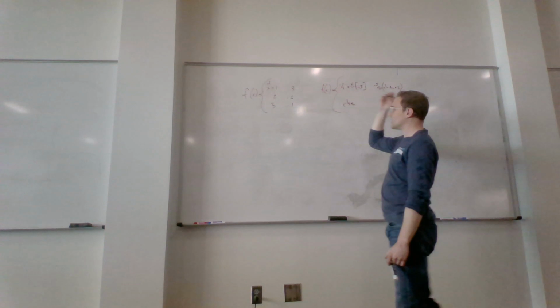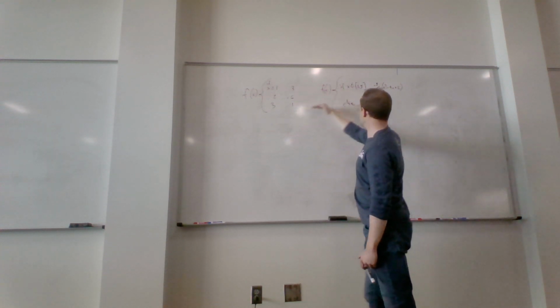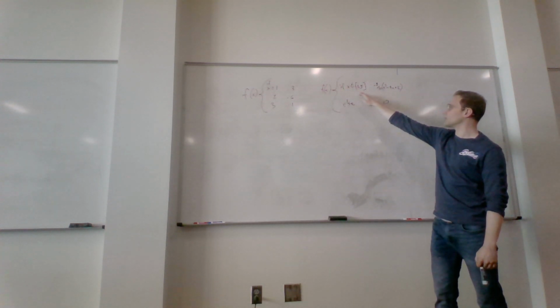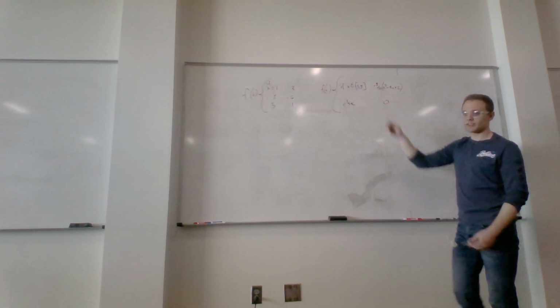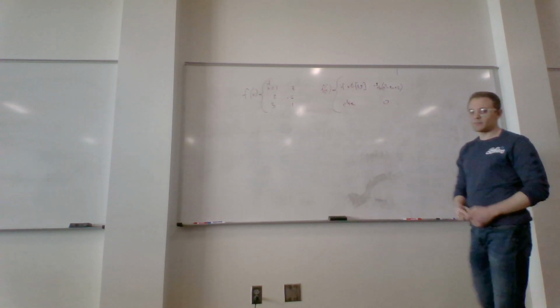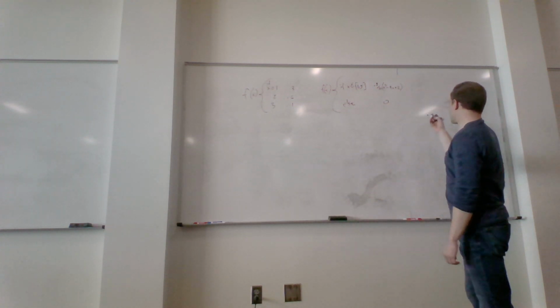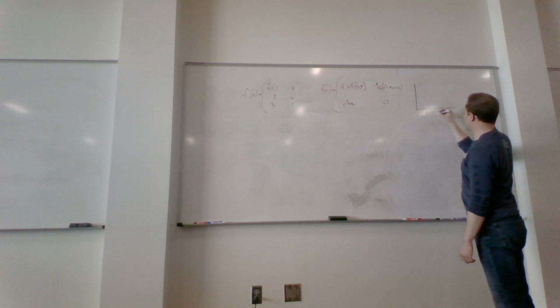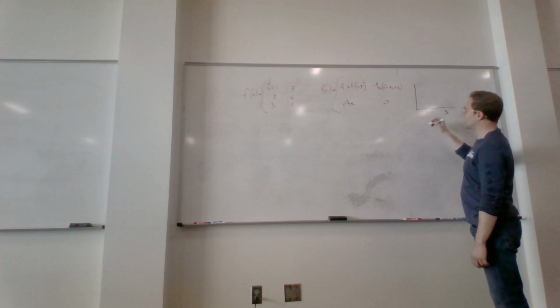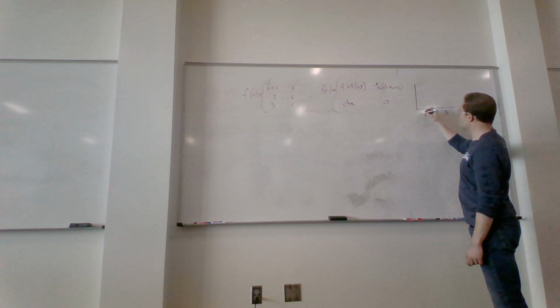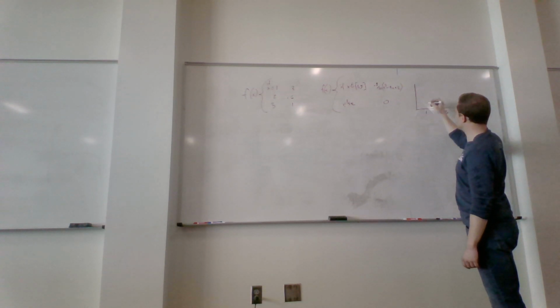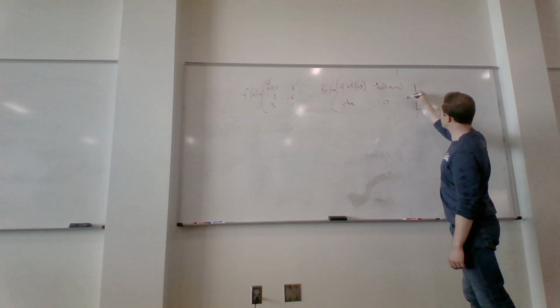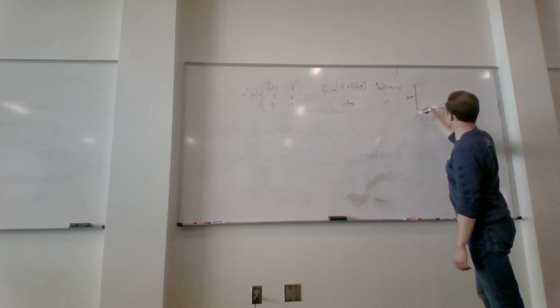The difference is that here x can only be 1, 2, or 3. Here x can be an infinite number of things between 1 and 3. So if I were to graph this, I would have 1, I would have 3, and let's say it peaks at like 3/5 or whatever.